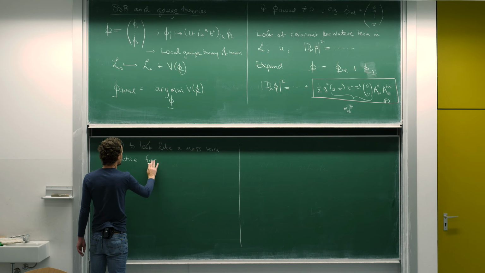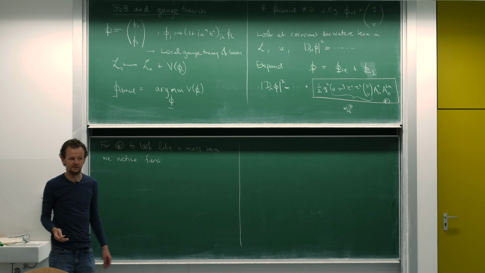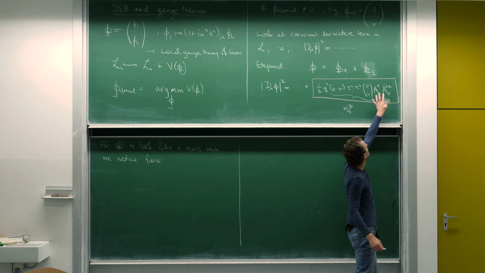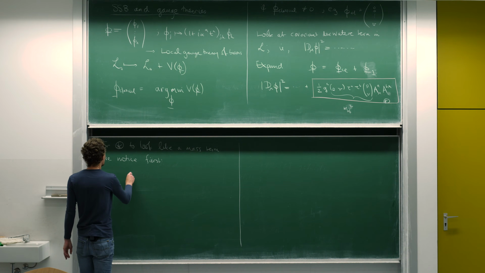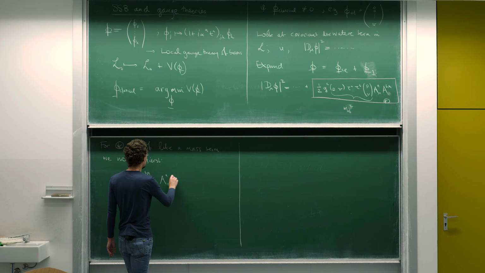So the first thing to notice is that because the metric has minus signs in it, it's almost a mass term. Write it out very slowly.